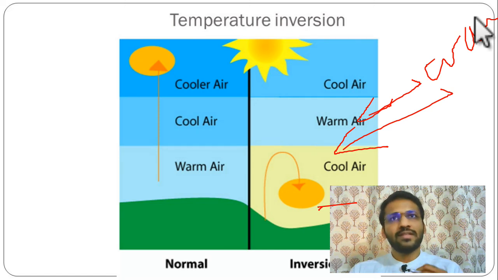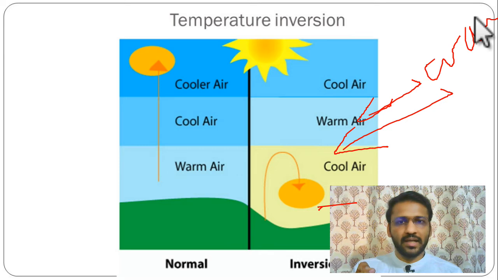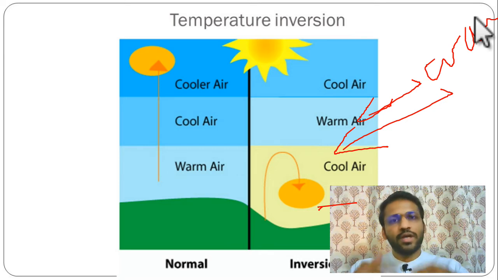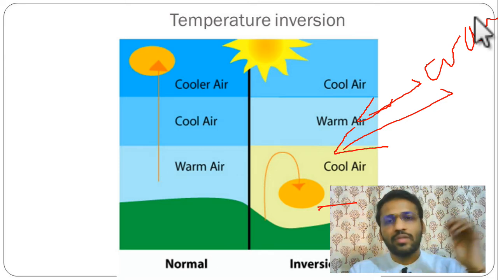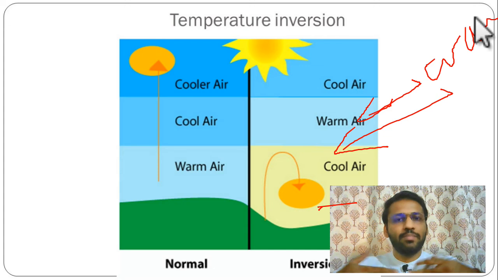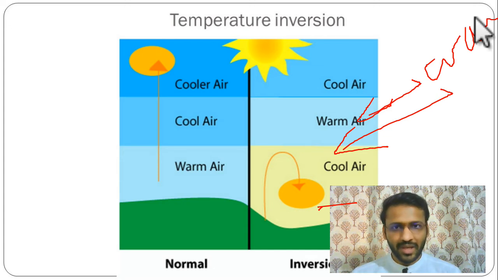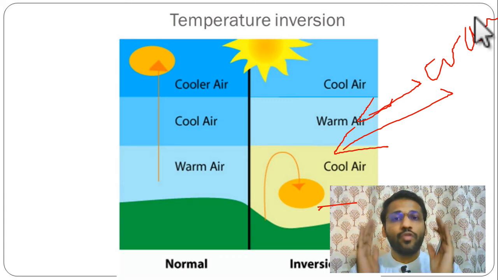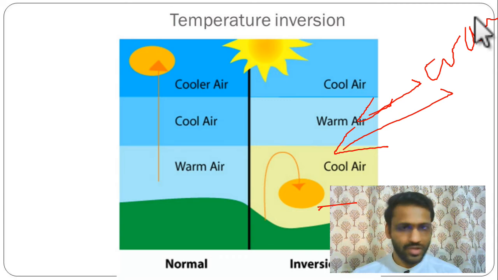So on the surface level, whatever dust particles and pollen particles are available, this moisture gets encircled around these particles, and it will create a situation called fog. So fog will happen. You can see fog as a type of very mild cloud which has formed on the ground surface. Okay. So fog forms because of the temperature inversion.